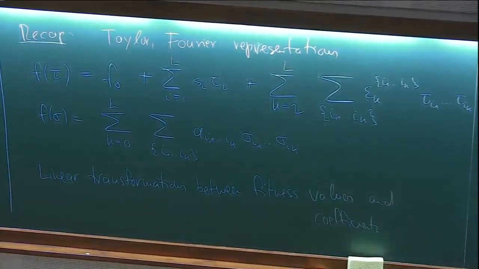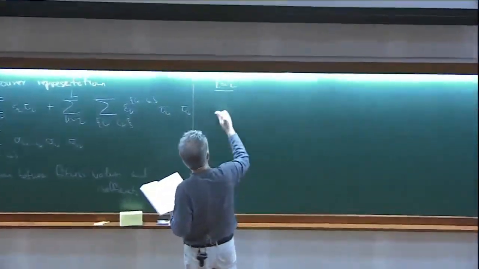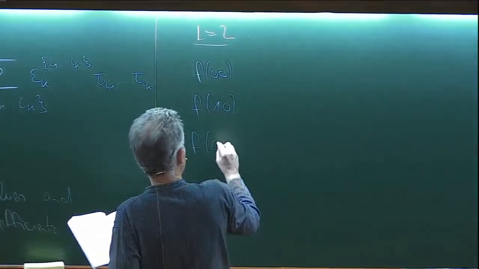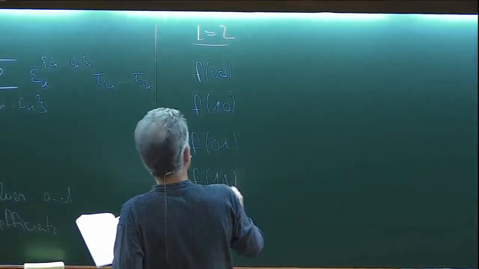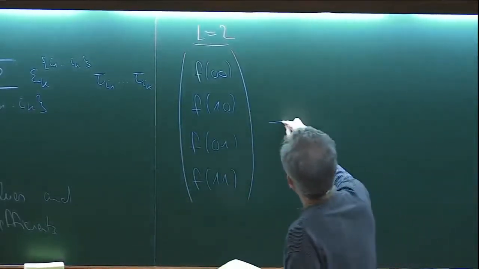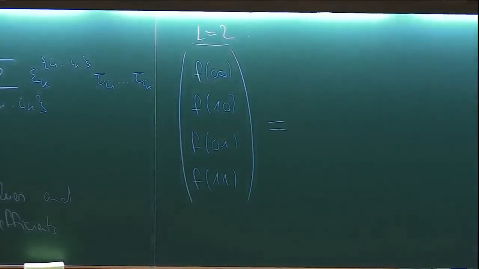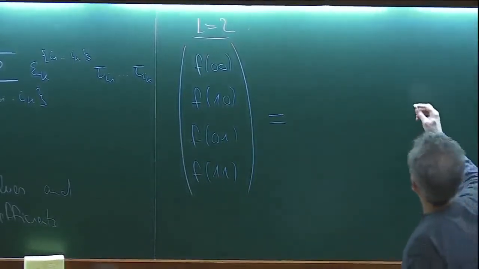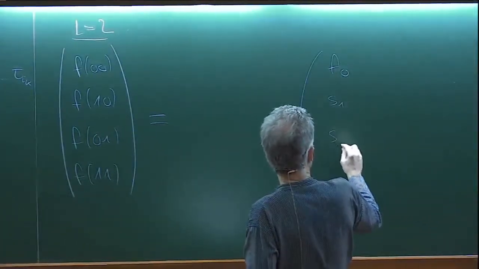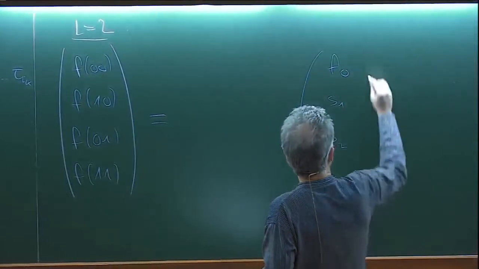And to make this slightly more concrete, I thought I should simply write down the matrices for the case L equal to 2. Right, so if I want to reconstruct my fitness values, so there are 4 types in this case, from the coefficients, what do I have to do? Well, on this side I have my coefficients. The coefficients in this case are F0, S1, S2, and what I called epsilon 1,2.